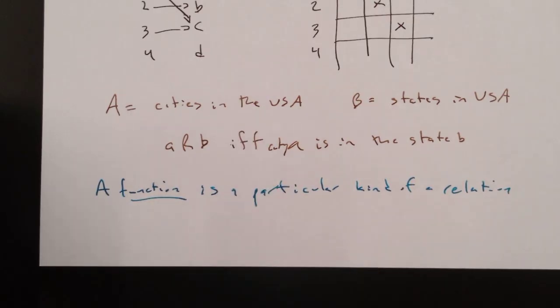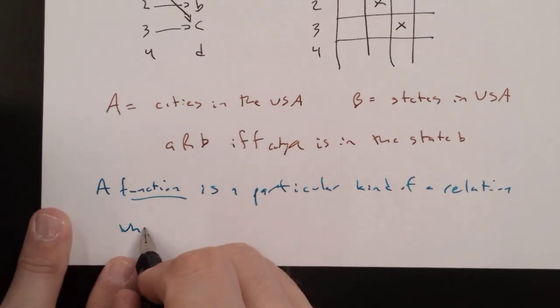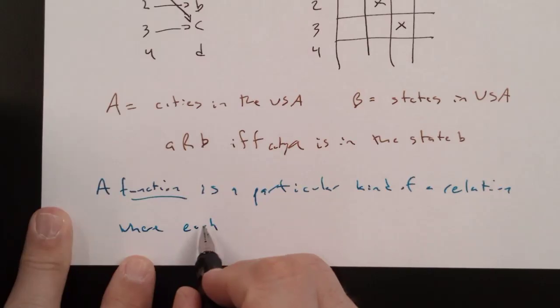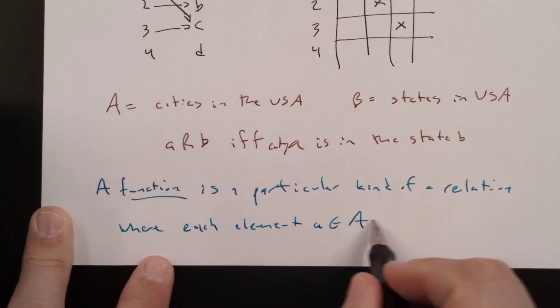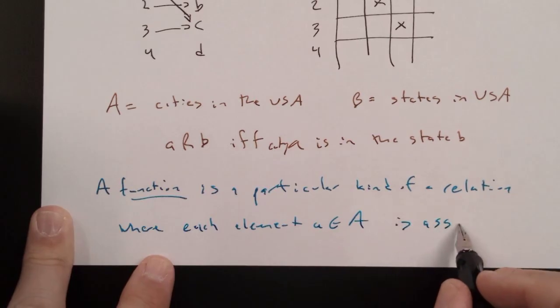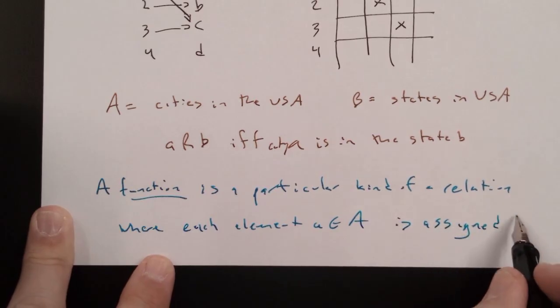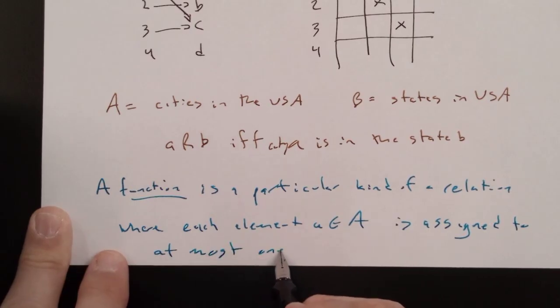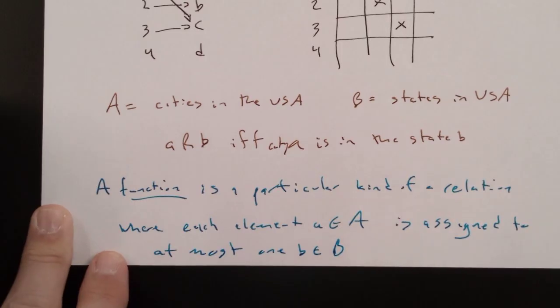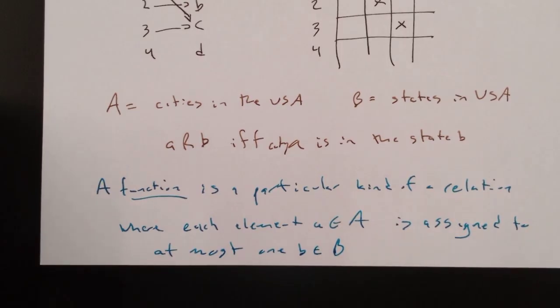So in terms of the sets, each element in A is assigned to at most one element in B. There's my vertical line test.